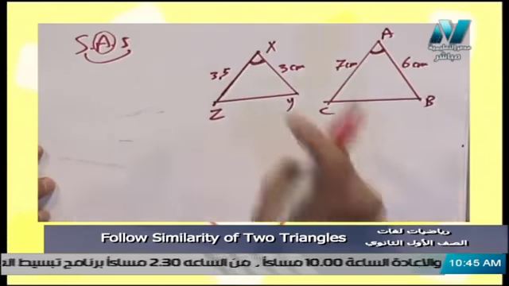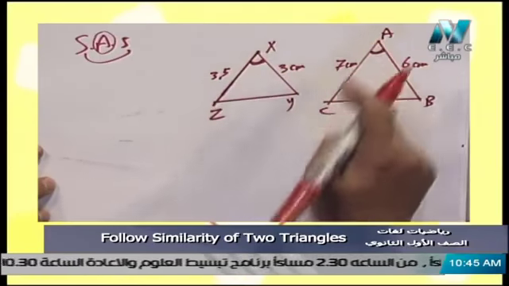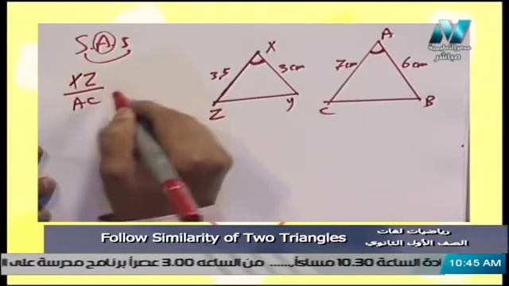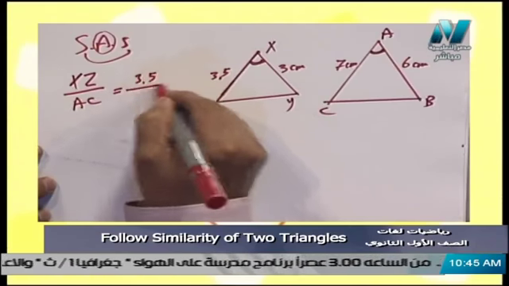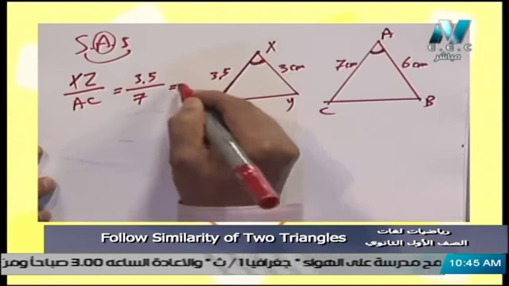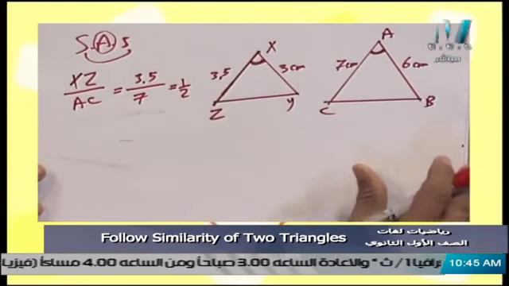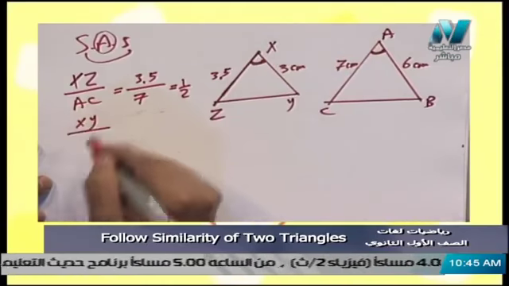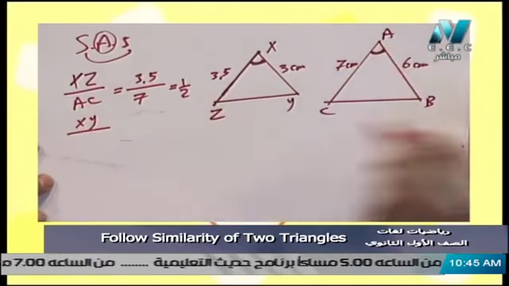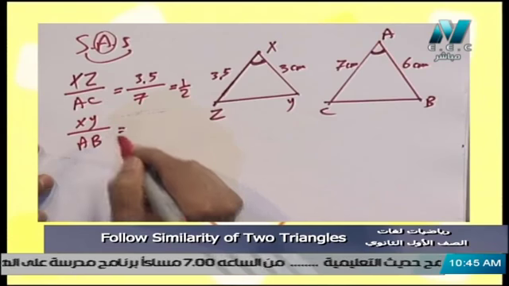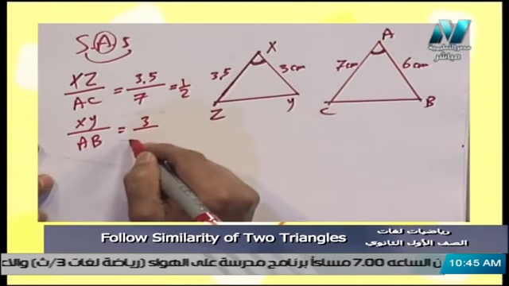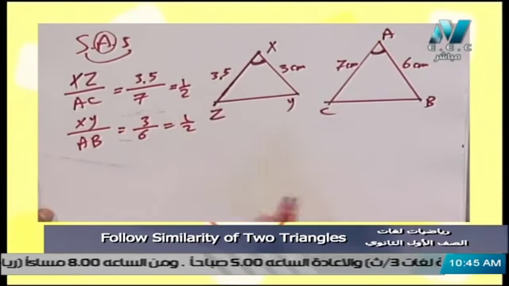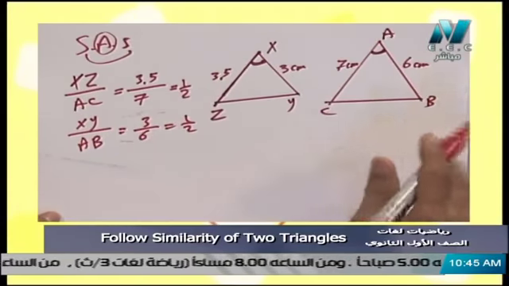If we divide XZ over AC, it will be 3.5 over 7, which is half. This is the first ratio. And if we divide XY by AB, then XY equals 3 over AB, which is 6, equals half. So we have two sides that are proportional.